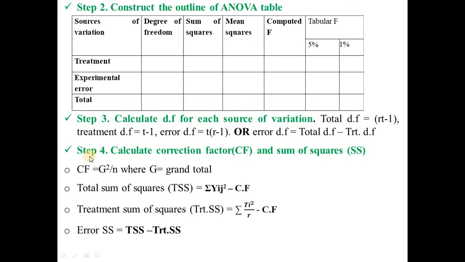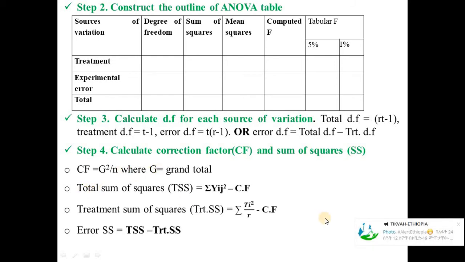And the fourth step is calculating the correction factor, or CF, and the other sum square values for each source of variation. In order to obtain the correction factor, you have to square the grand total and divide by the total number of observations, that means replication times treatment.